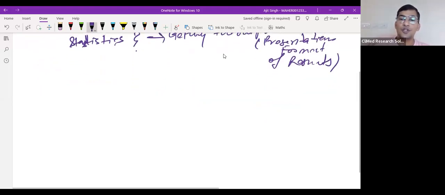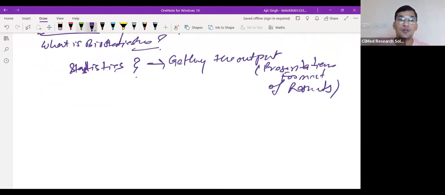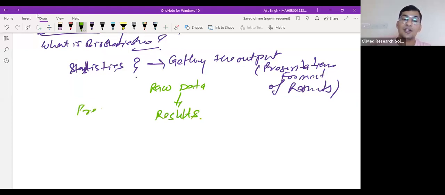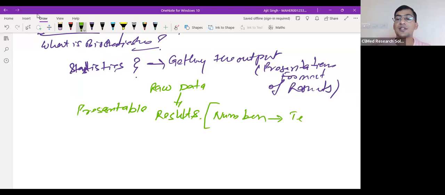So it is the process of turning raw data into results, and not only results, but presentable results. Presentable results means numbers, text, tables, or figures.